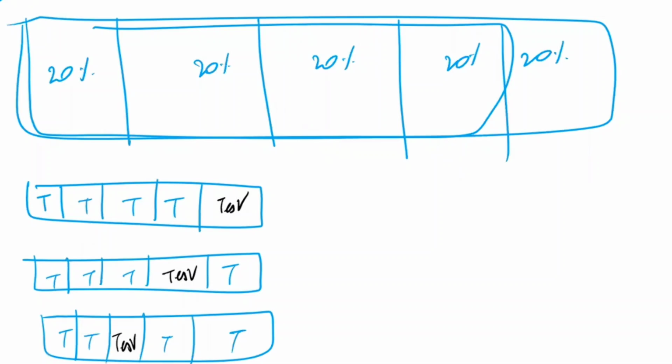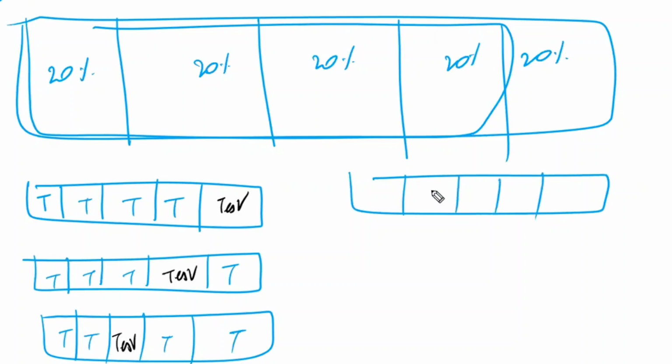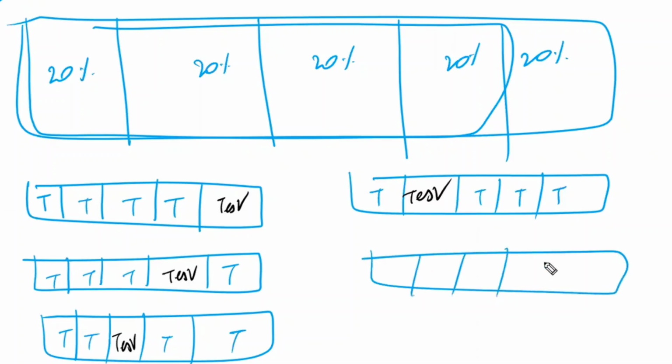And next time I'm going to again take from the starting, first data, this one for training purpose. This part I'm going to use for testing purpose. Second part for testing purpose. Now next time, again I'm starting from the starting. Again I will take these 4 parts for training purpose and the first part for testing purpose.